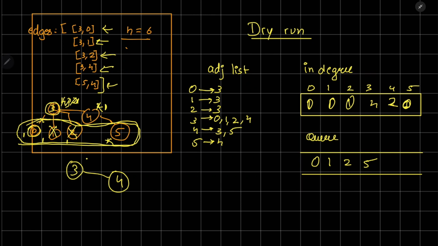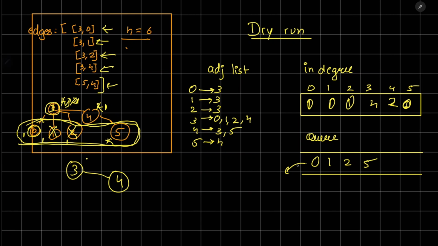Now we will pop each element from the queue one by one, check all of its neighbors and decrease their degree by 1. And as we decrease their degree by 1, if that element itself comes to have a degree of 1, it will be a leaf node and it will be added to the queue for the next phase.